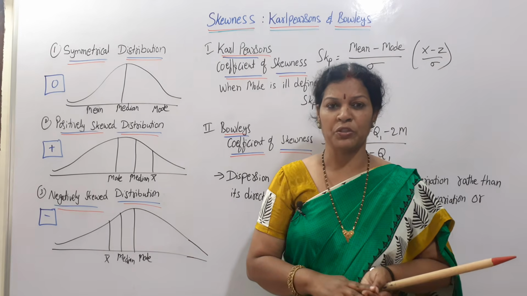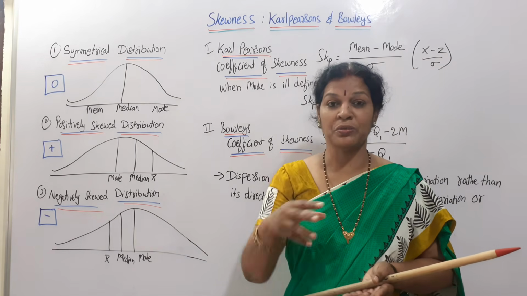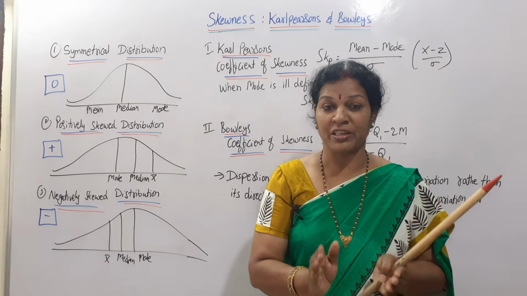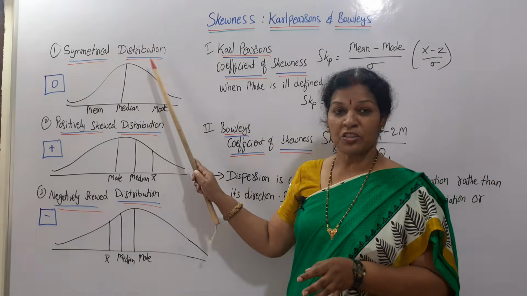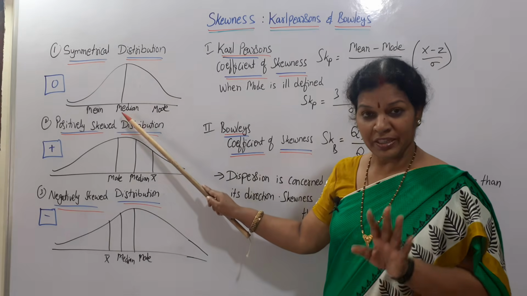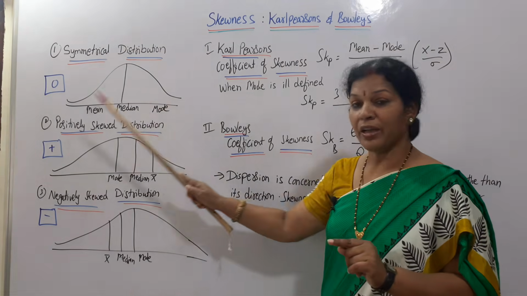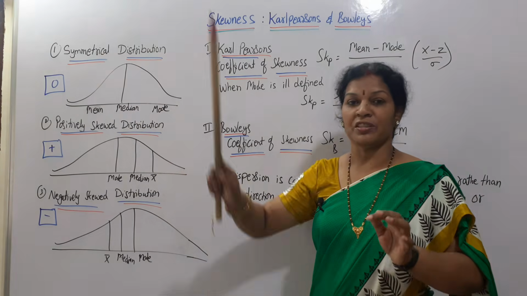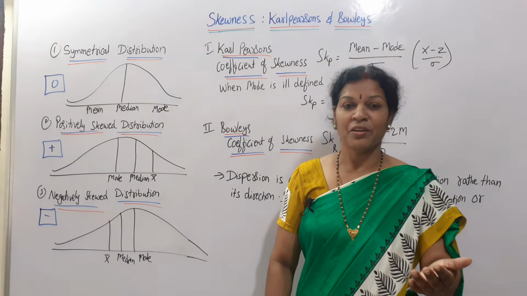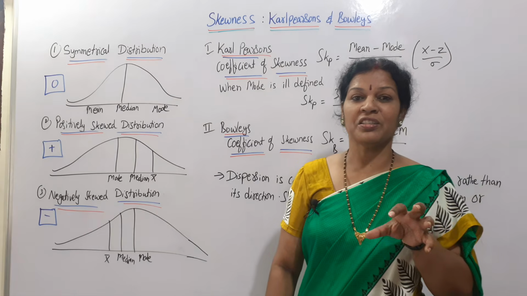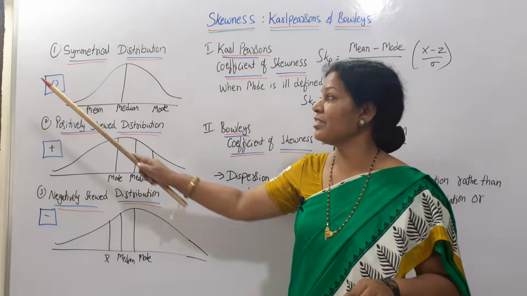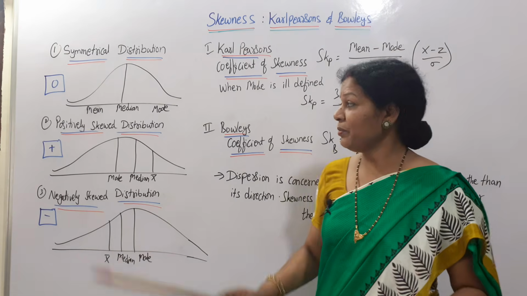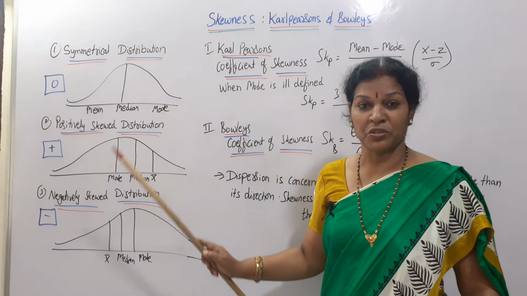It only shows whether it is positive, negative or symmetric, that is why the value will always be small. In a symmetric distribution the outcome will always be 0. So when you calculate skewness, if the answer is 0, you can say it is a symmetric distribution.